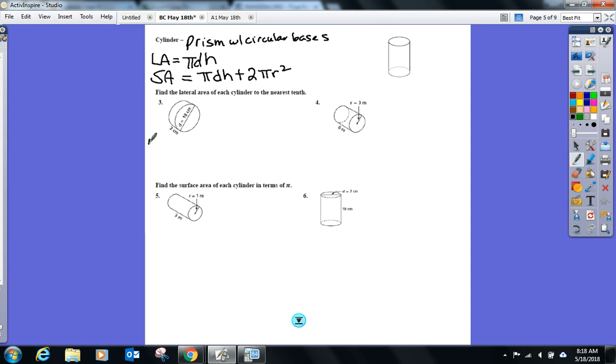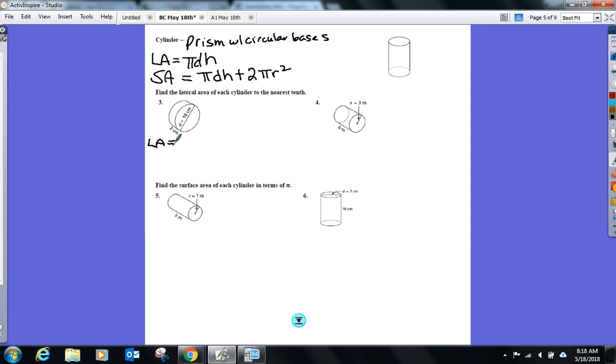Lateral area of this cylinder. Pi dh. Pi, diameter is 10. Now I know people are just going to throw the 2 on for the height because you just see a random number there that's left over, so it's got to be the height. But listen up. The height of a cylinder is always the distance between the circles. Remember that.